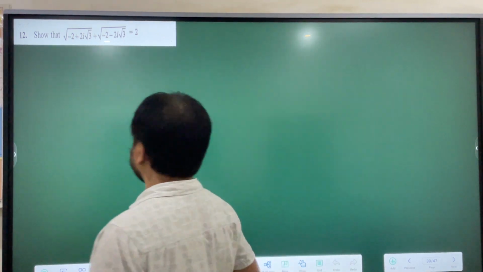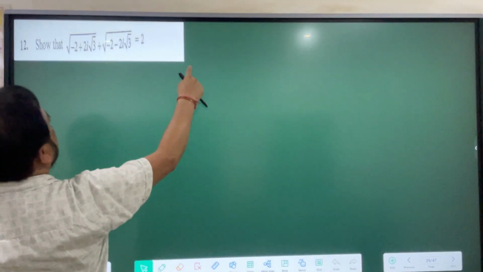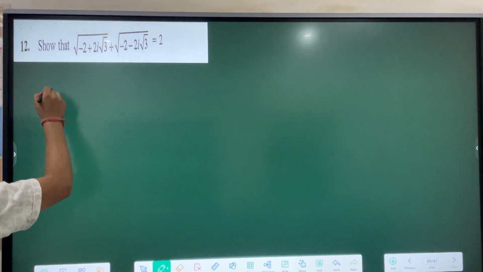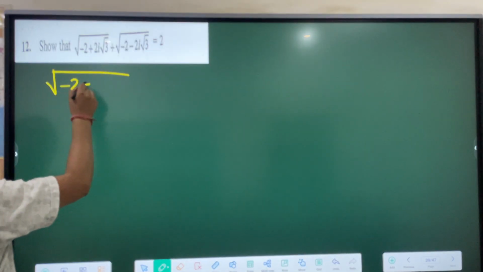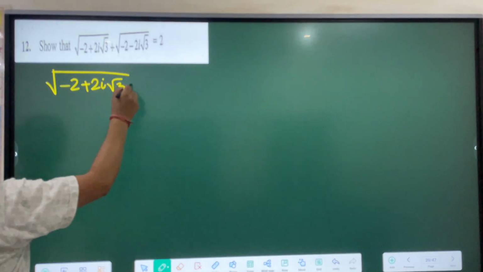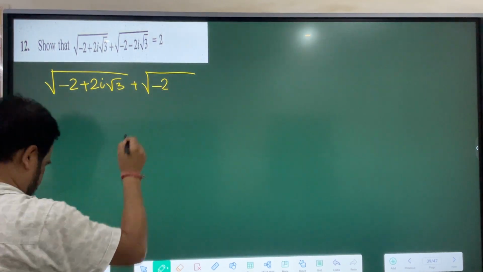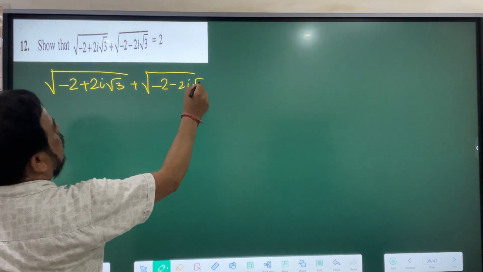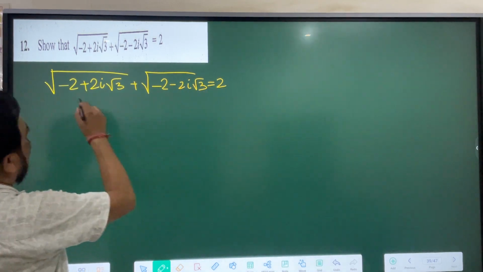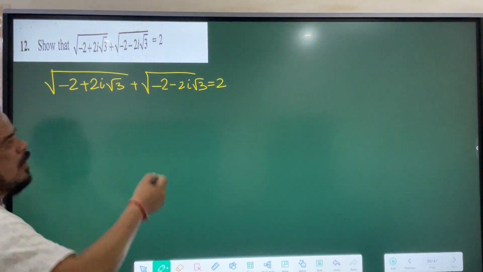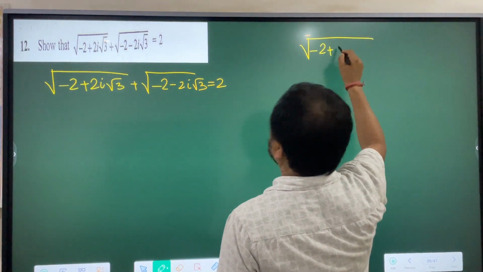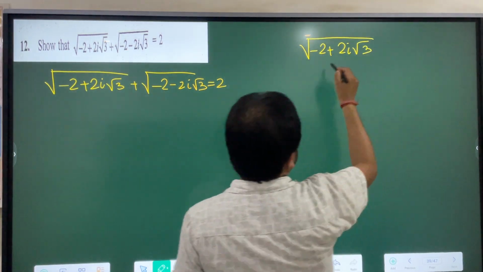Number 12. Show that, anyway the square root is there, so we will find the square root separately. Minus 2 plus 2i root 3.